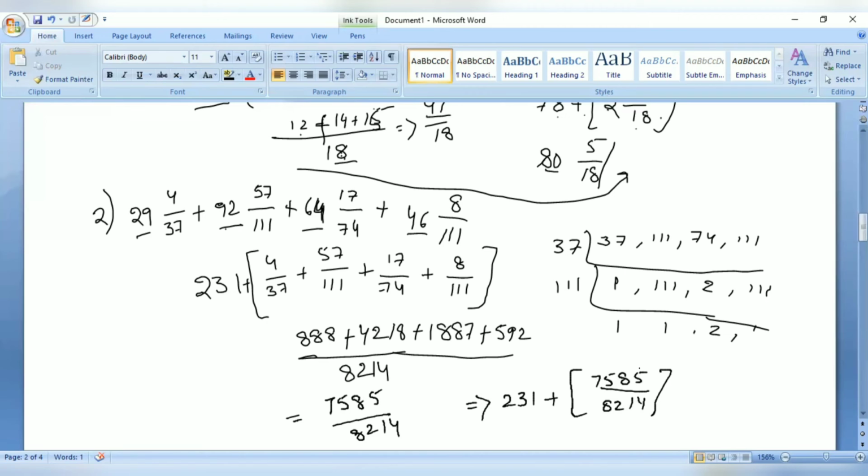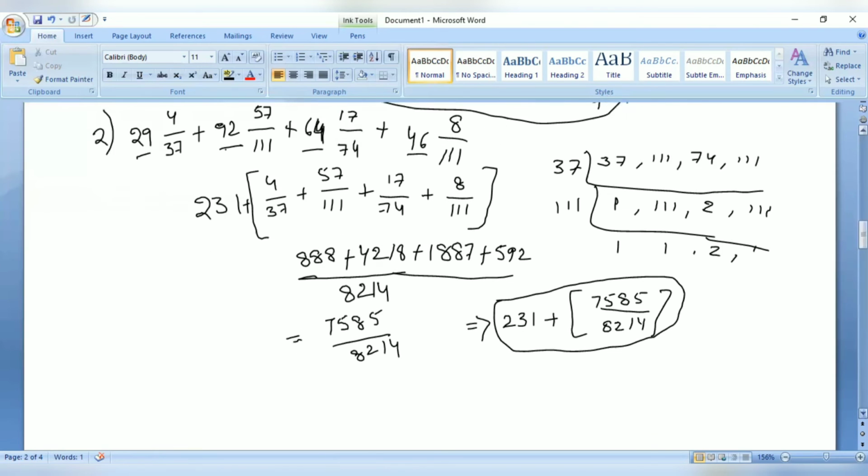So we cannot convert this value. We can maintain the value as it is. Whenever such a situation arises, that means we cannot conclude a simpler answer, it is better we leave the value there itself.